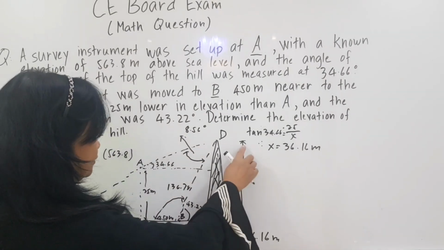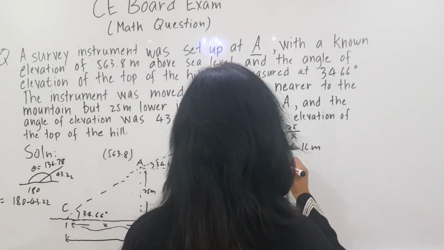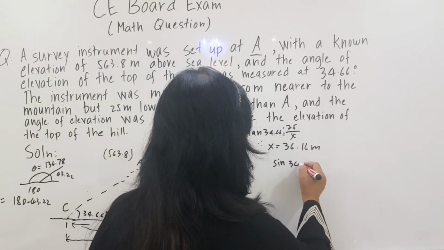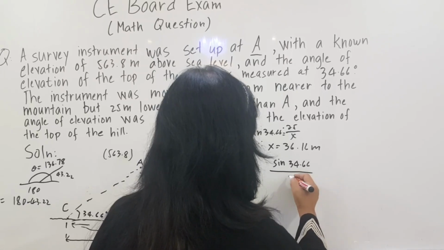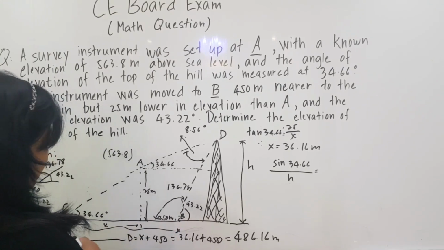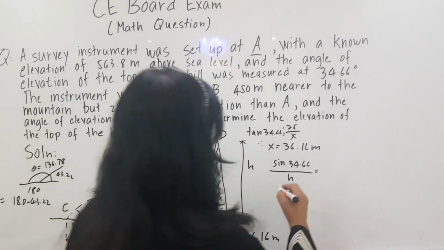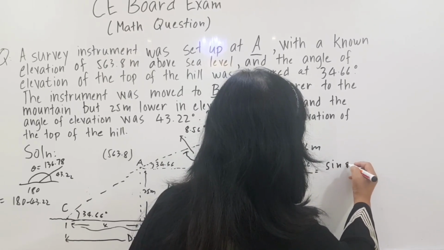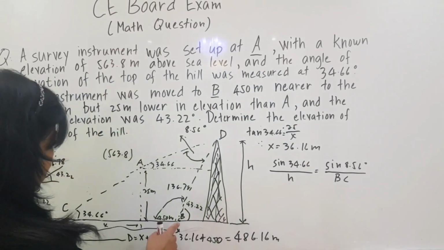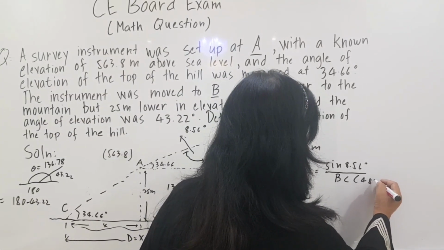Now we have to solve the height of this one using the law of sines: sine of 34.66 over the height, EC, is equal to sine of 8.56 degrees over BC, which is 486.16.